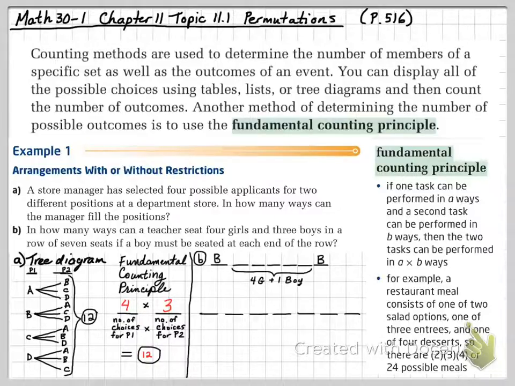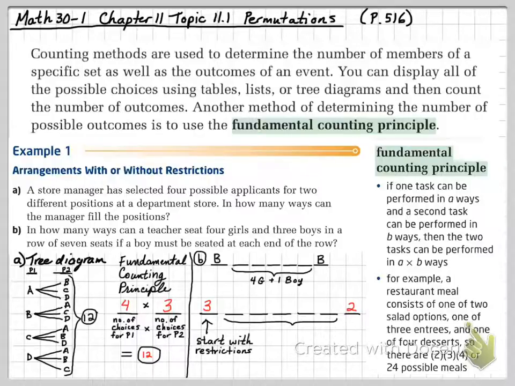So this time we're going to put the possible combinations. Since there are 3 boys, we could have a choice of 3 boys sitting in the first position. If we picked boy A to sit there, we now have 2 choices to sit in the last position.